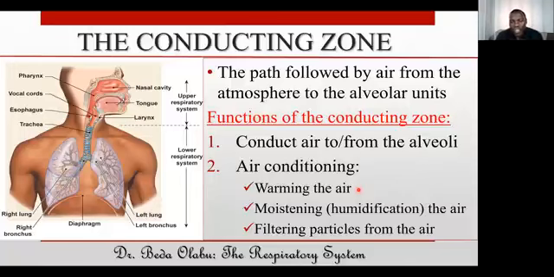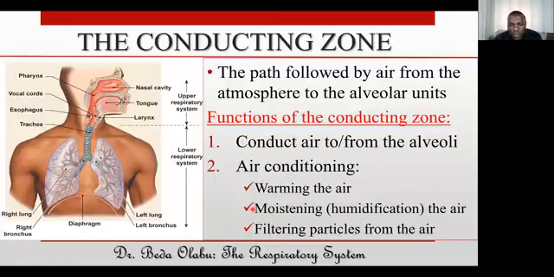The air that we breathe in can also be very dry sometimes, and very dry air may not be very good for gas exchange, as it may not be very efficient. And so air that we breathe in is moistened or humidified. Again, the adaptation for humidification is largely based on the vascularity of the airway.